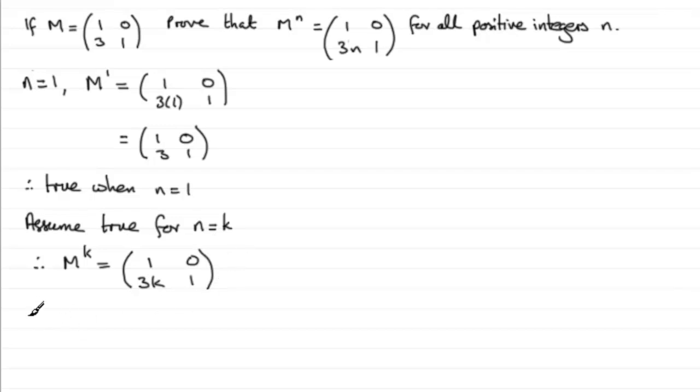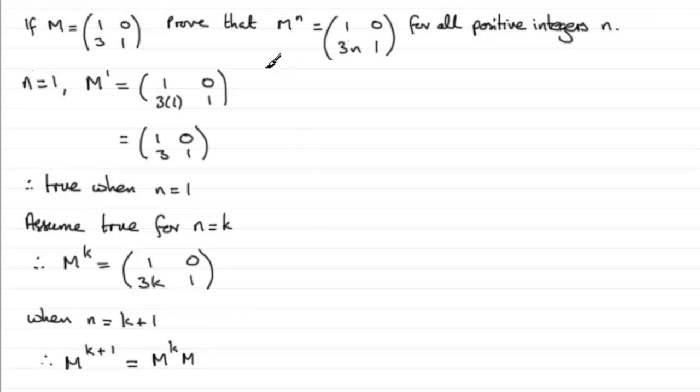Now, we need to look at what happens when n equals k plus 1. We've got to go on and try to show that this is going to be true. So we've got M to the power k plus 1. Well, what's that going to be? It's the same as M to the power k multiplied by M.